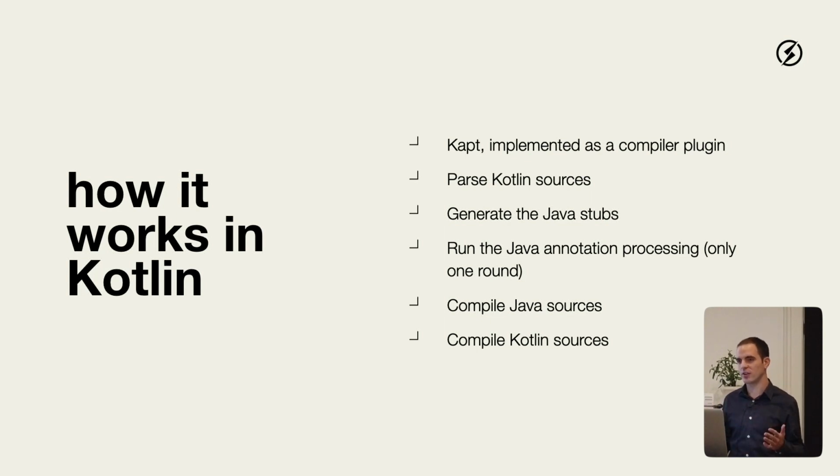If Kotlin code is generated, then unfortunately we have to call the Java compiler again to compile that code to Java bytecode. And finally, if we have Kotlin code, then we have to call the Kotlin compiler to compile the Kotlin bytecode. So there is an extra step, unfortunately, if you are using APT, because APT is implemented in a way that it leverages the Java annotation processing tool.